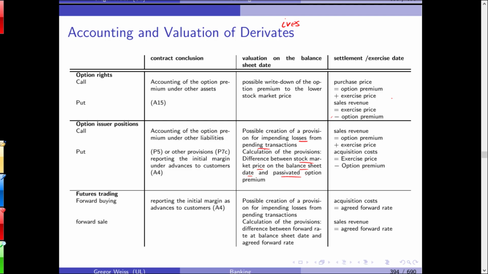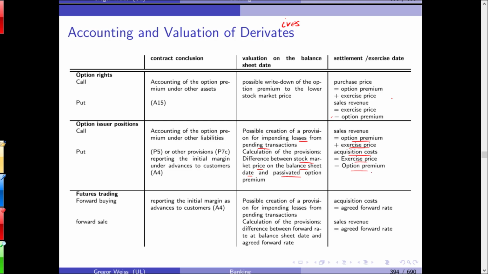Again, at the point in time when you settle the option contract, you take the sales revenue, which in this case is the option premium plus the exercise price again, and the acquisition costs is the exercise price minus the option premium. Now for futures, it looks a little bit different. Does everyone know what the difference between an option and a future contract is?